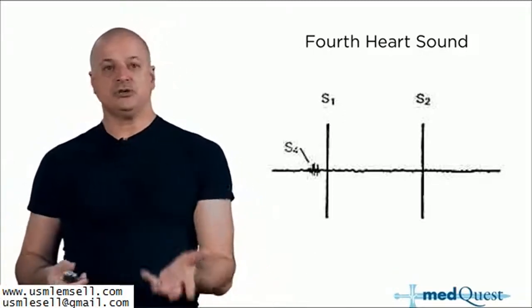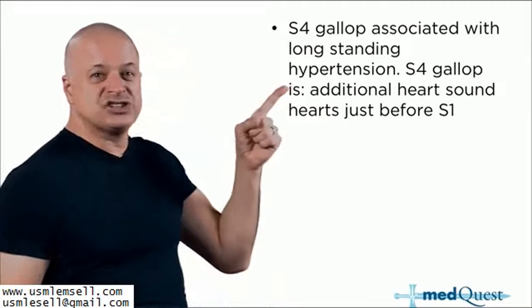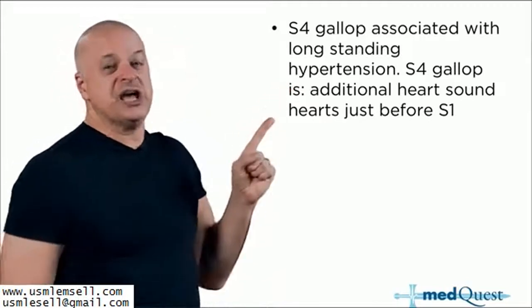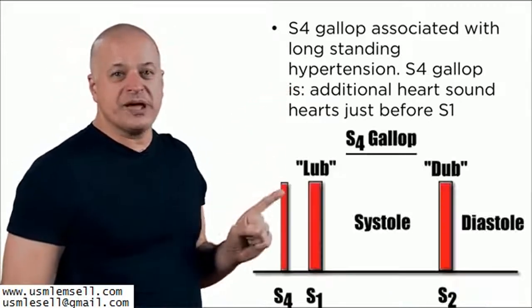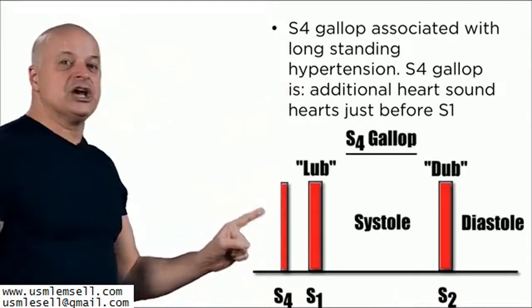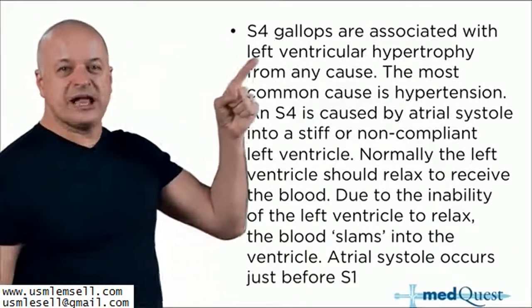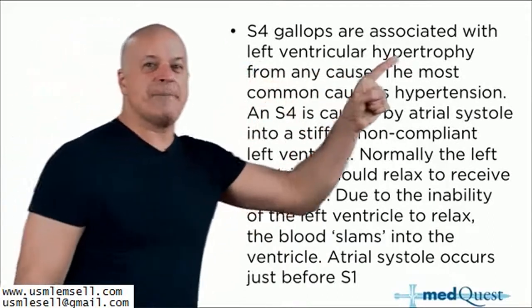So all you're going to say is, duly noted, S4, left ventricular hypertrophy, S4, hypertrophic cardiomyopathy, S4, long-standing hypertension, no big deal. It's the sound of atrial systole going into a stiff, non-compliant ventricle. S4 gallops are associated with left ventricular hypertrophy.